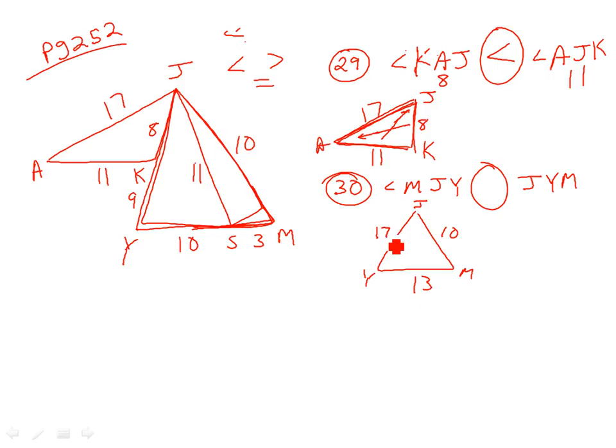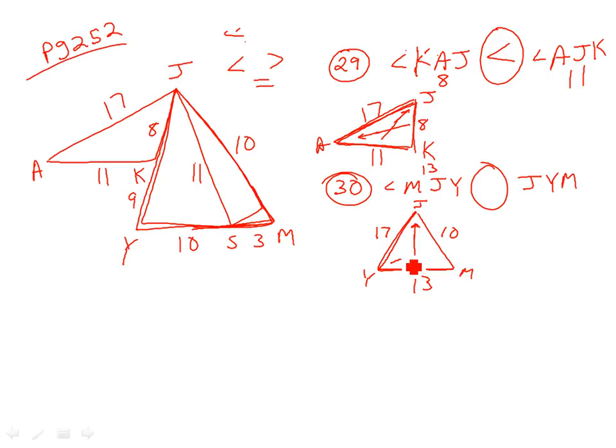Now, this angle, MJY, which side is it across from, Wade? That angle right there, which side? Just give me the length of the side. So we know that goes with 13. Now Wade, JYM. JYM, sorry, I went the wrong way.